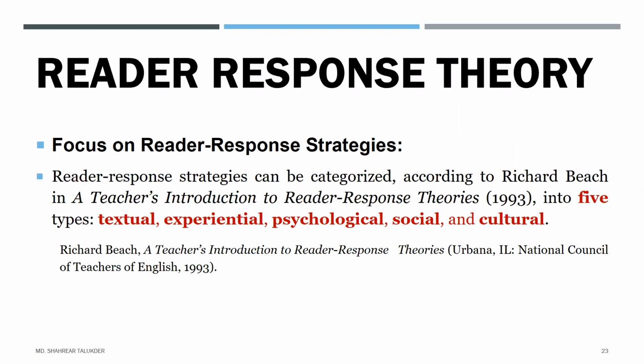One is textual, another is experiential, then psychological, social, and lastly, cultural. So these are the strategies that we can use to analyze a text to create meaning.